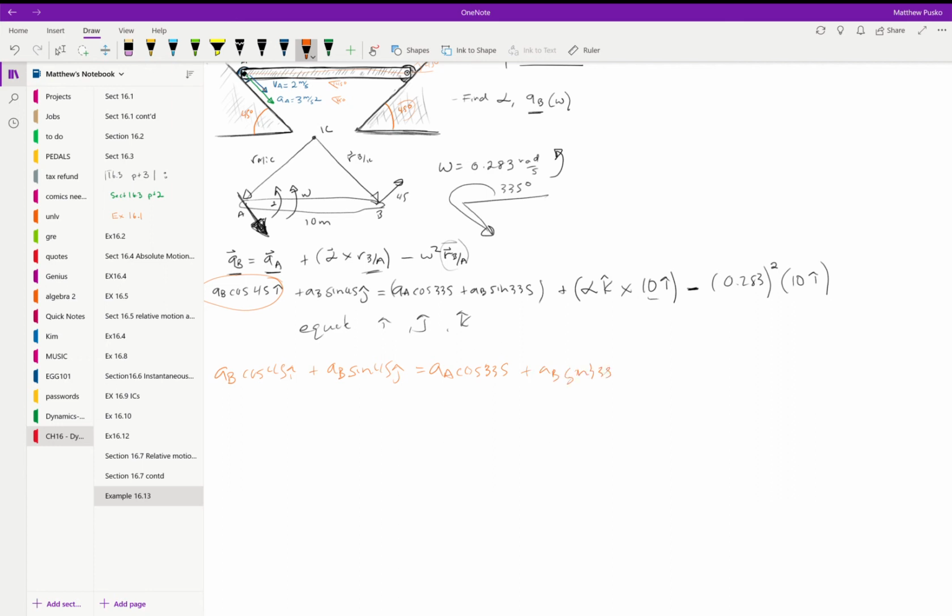Now if I cross K into I, that's going to give me alpha times 10, and I, make my little chart, K into I is going to give me a positive J.